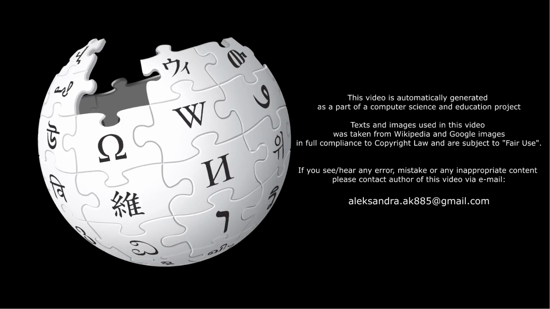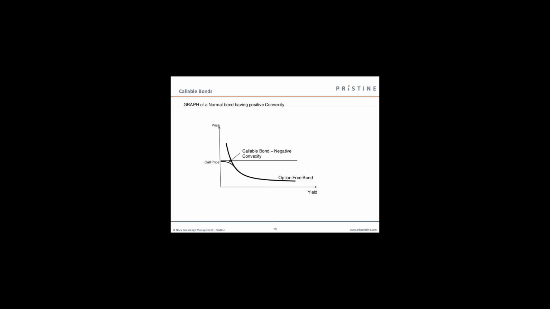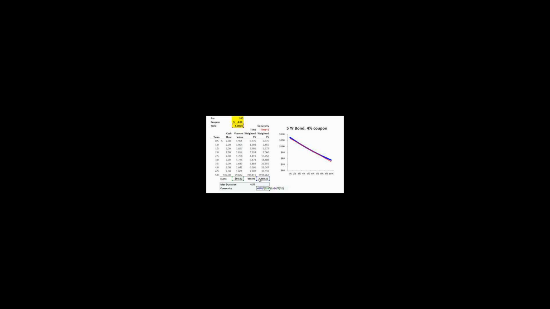Then it is easy to see that d^2 B over d r^2 equals the sum from i equals 1 to n of c_i e^(-r t_i) t_i^2, which is greater than or equal to 0.